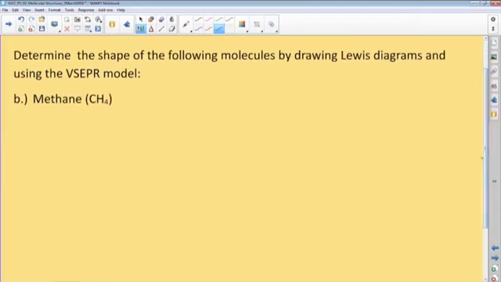Now what about methane? Let's do the same thing again. Carbon, group 4. I'm going to draw it like that. Why am I drawing it like that? Because I've had a look at the formula and it says CH4. That means I'm going to use 4 hydrogens.